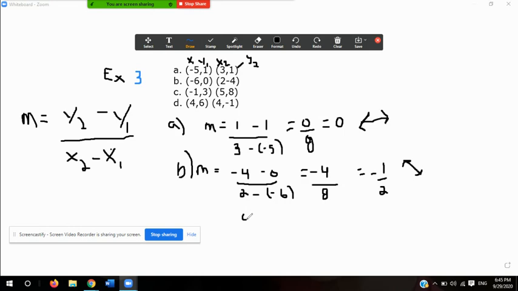C, and that would be m equaling y sub 2, which would be 8, minus y sub 1, which would be 3, over x sub 2, which is 5, minus x sub 1, which is negative 1.